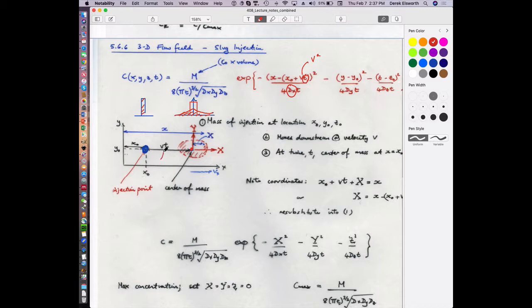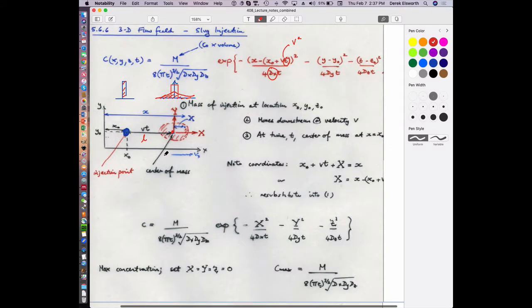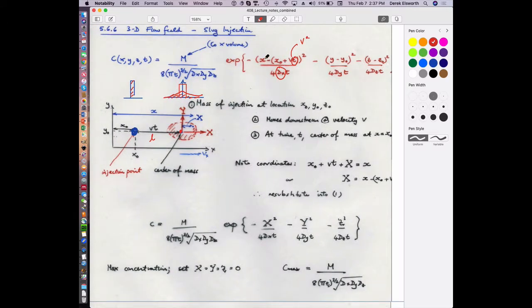This is equal to a length that's traveled in a given time. And so the solution really you could think of is just offset by a certain amount. This is where it started at x0, y0, and this is where the center of mass is at any particular time.